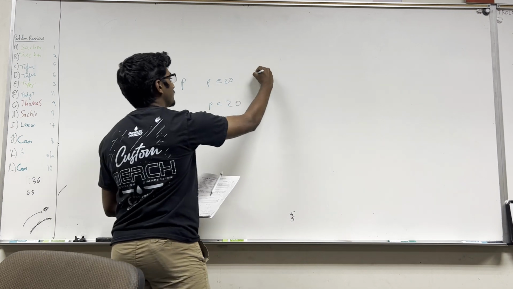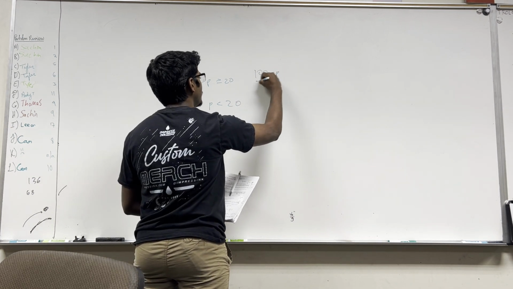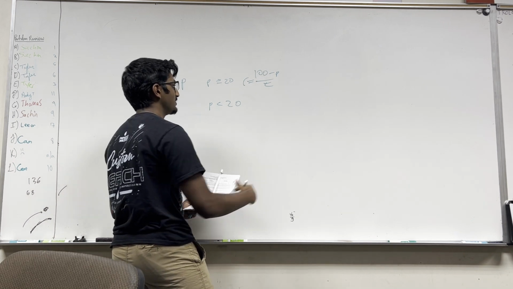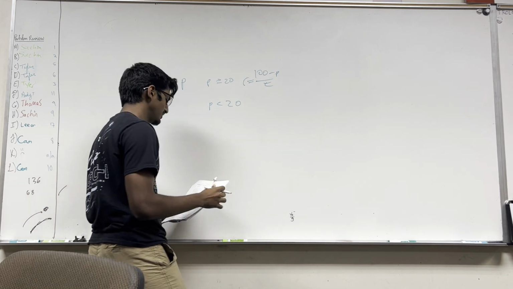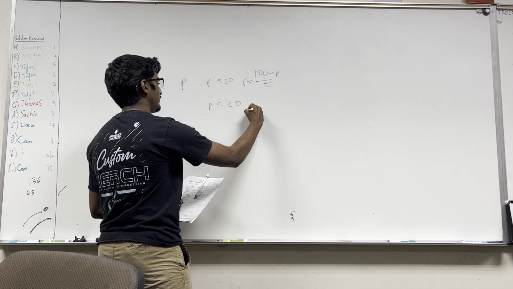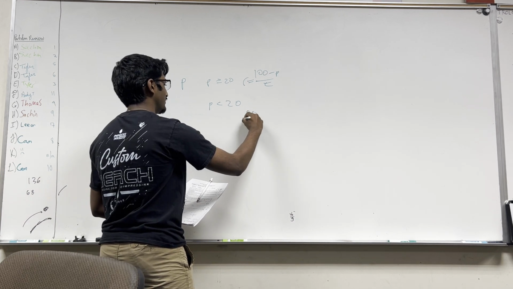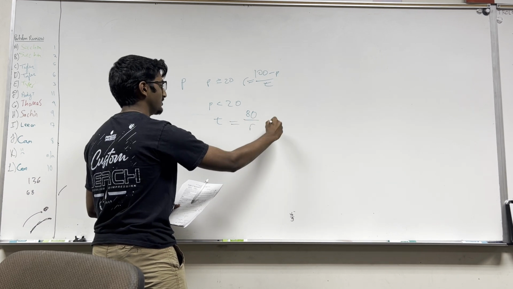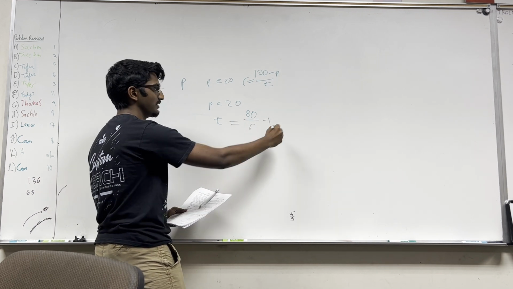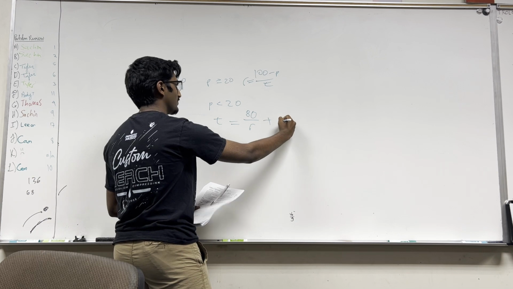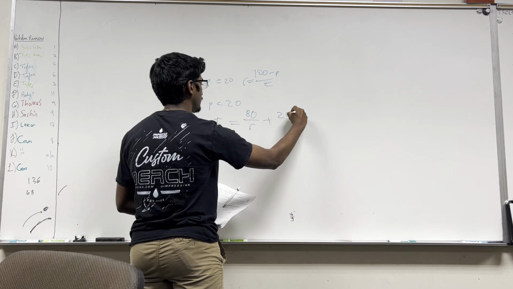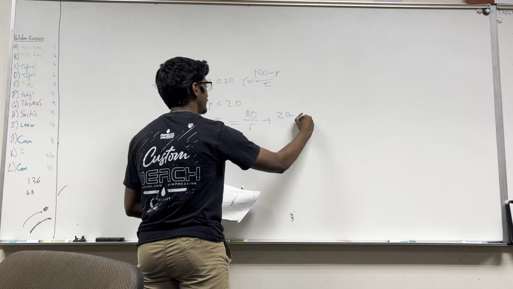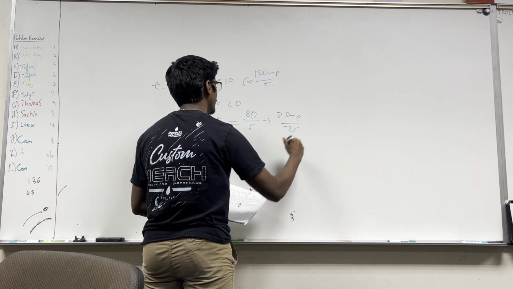It's 100 minus P over T, which is your rate of usage. For this one, you want to find your total time, which is actually 80 over R, and then 20 minus P divided by 2R.